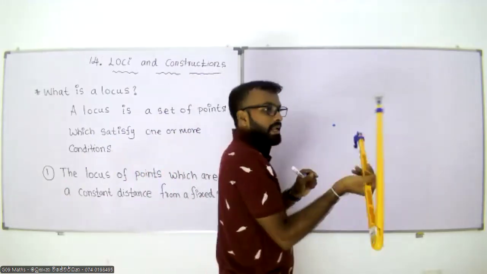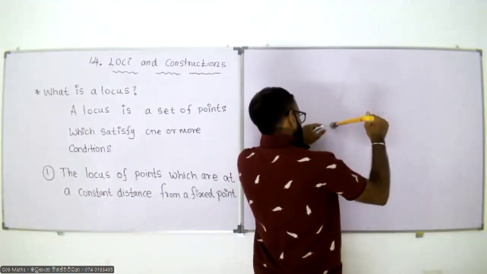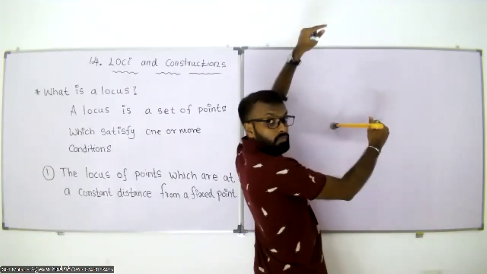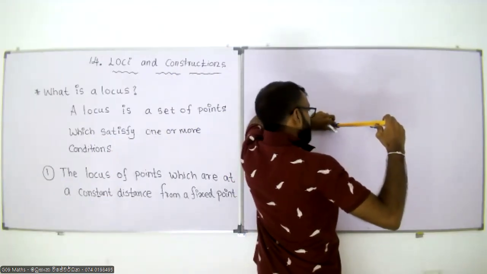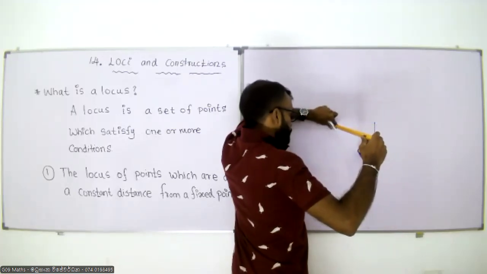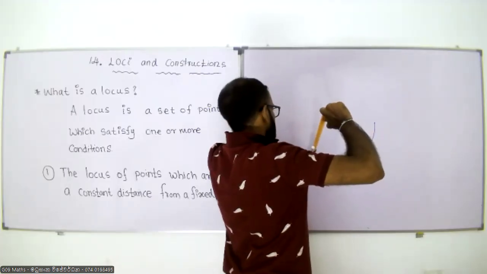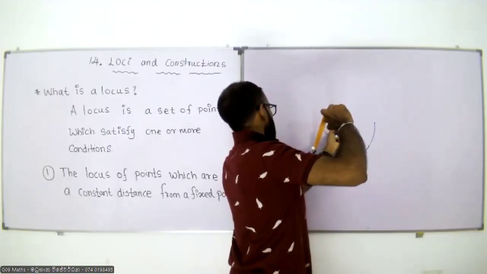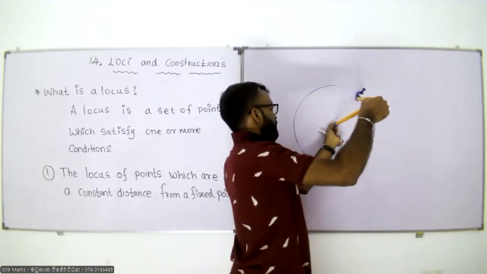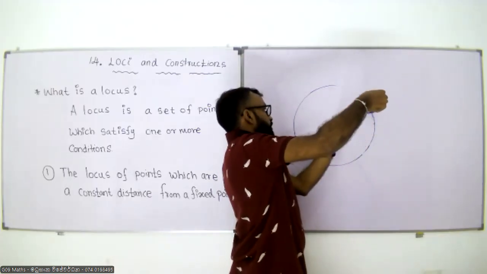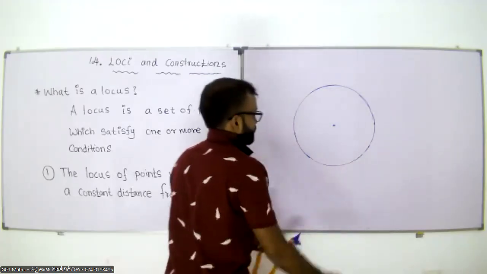Place the point of the pair of compass on top of the point, and then you can draw the locus. It is a bit harder for me to draw, but I will show this one on the website as well. So this is the thing.